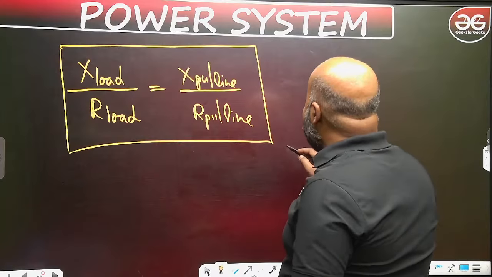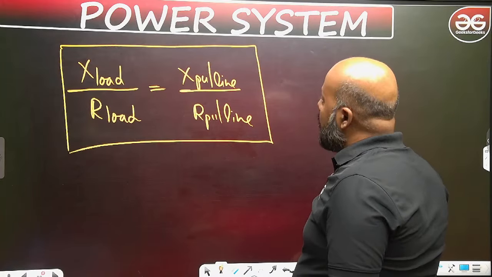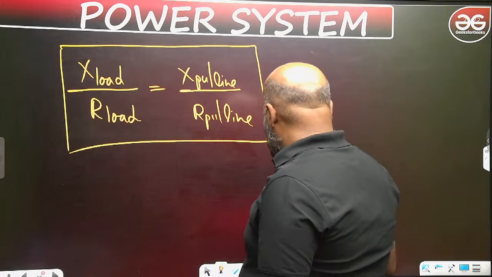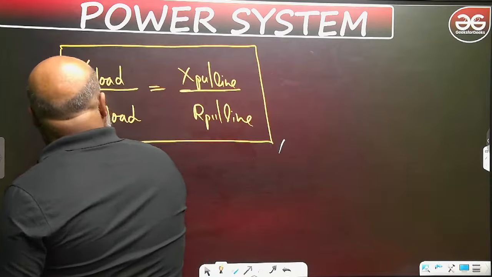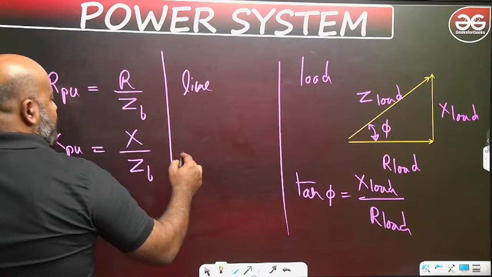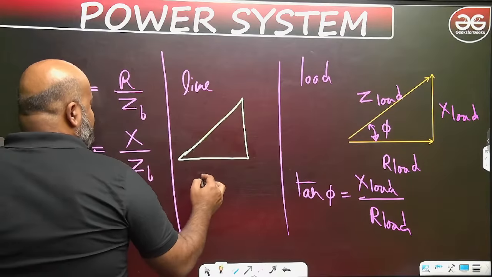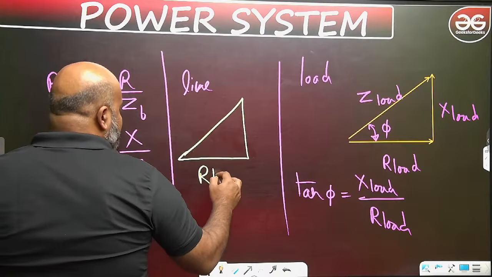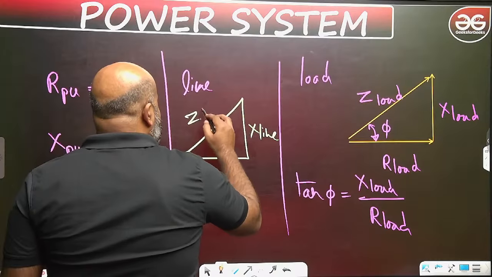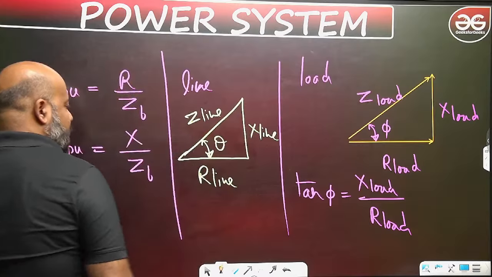You can also write it in terms of the angle. If we write the impedance triangle for the transmission line, suppose this is R line or R per unit, this is X line or X per unit, and this is Z line or Z per unit. Suppose this angle is theta.